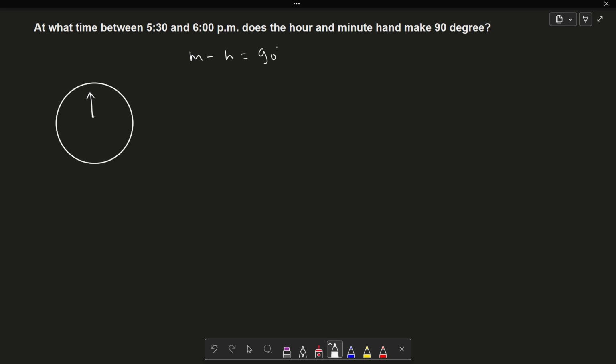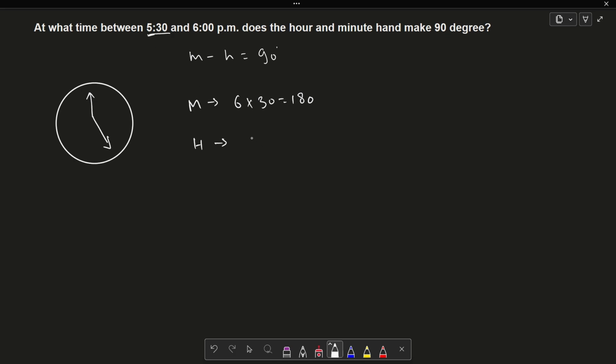This is 5 o'clock. Basically, you have to calculate the initial degree of the minute hand and hour hand. Okay, for the minute hand, it has covered 30 minutes, right? So we know that the speed of the minute hand is 6 per minute and my minutes are 30, which equals 180 degrees, right? And for the hour hand, it has covered 5 hours.